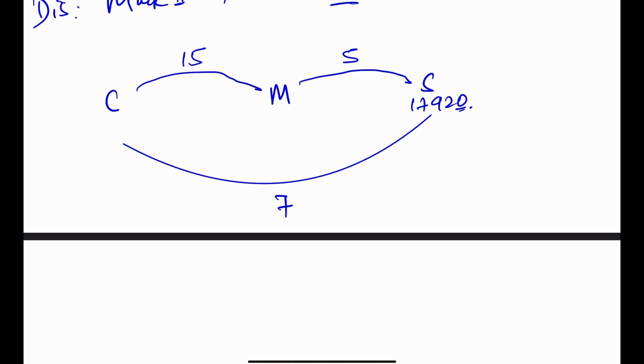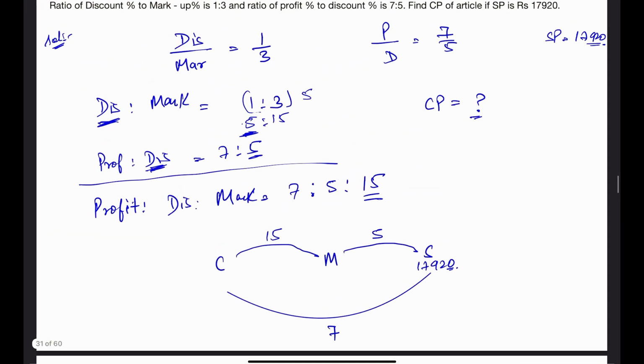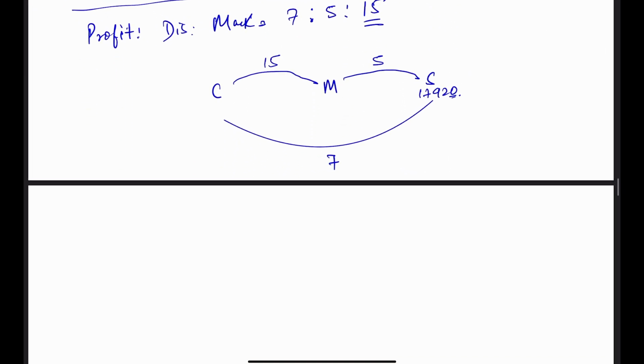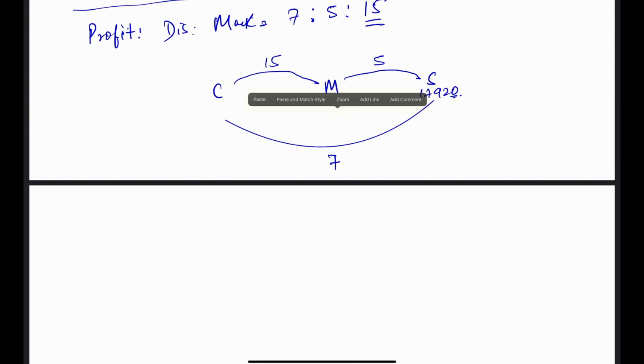Wait, let me just understand nicely. One thing I remember is that the successive of discount and markup is my profit. So let's try to find out and then we will know what the multiple is.